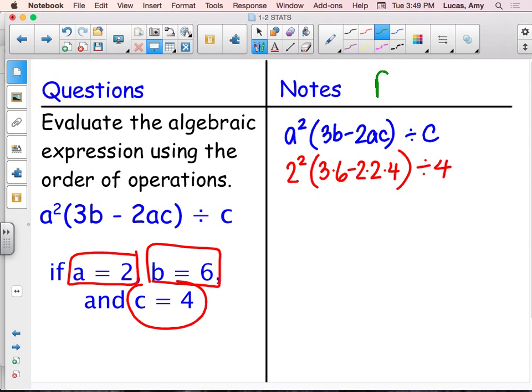And inside of the parentheses, there's our PEMDAS, I need to do all of my multiplying from left to right. So I'm going to start over here. 3 times 6 is 18.